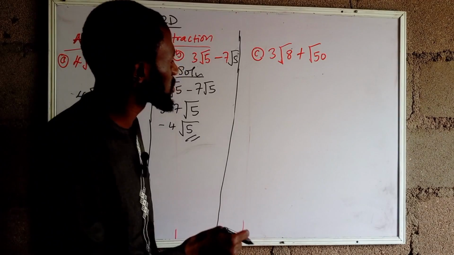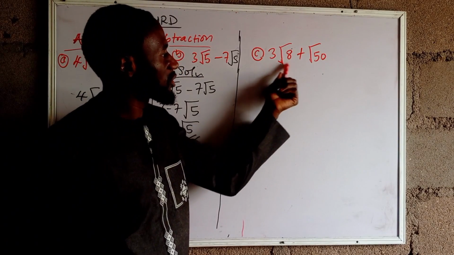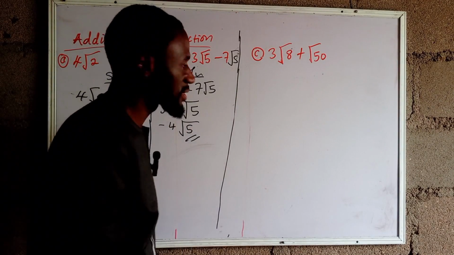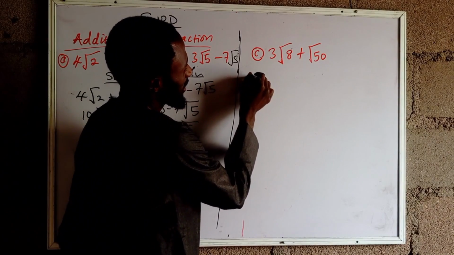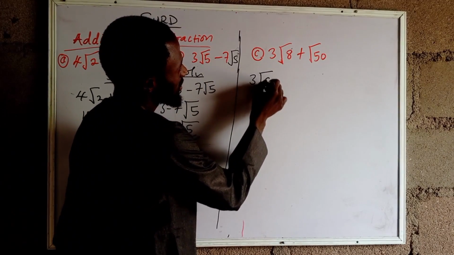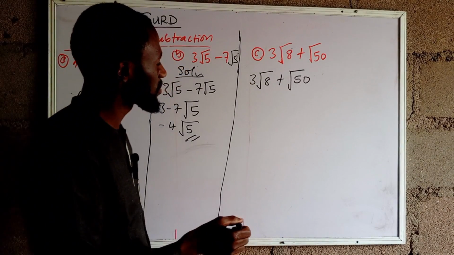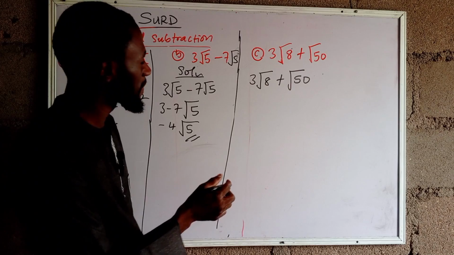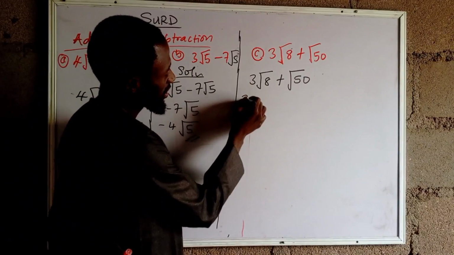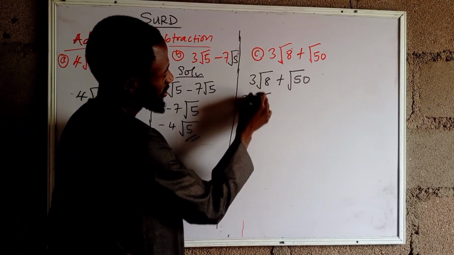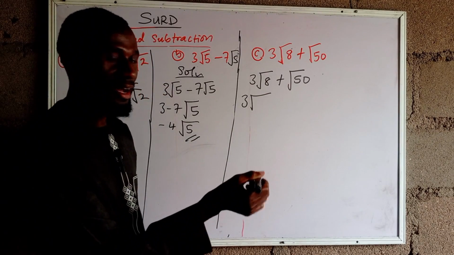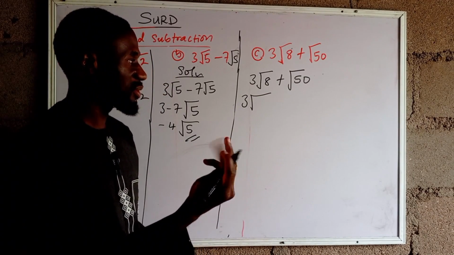The last question we solve here, we have 3 root 8 plus root 50. Now for you to simplify a surd like this, we can say we have 3 root 8, we can simplify the roots into surd form.